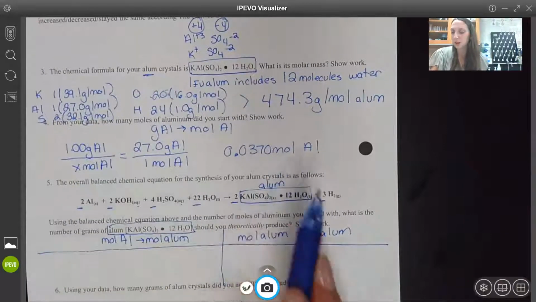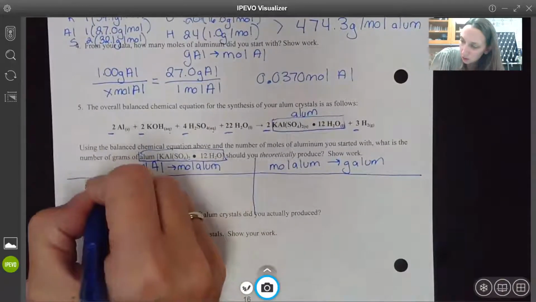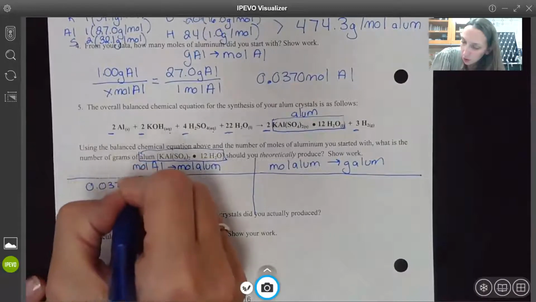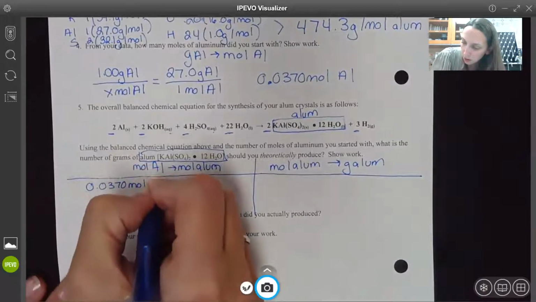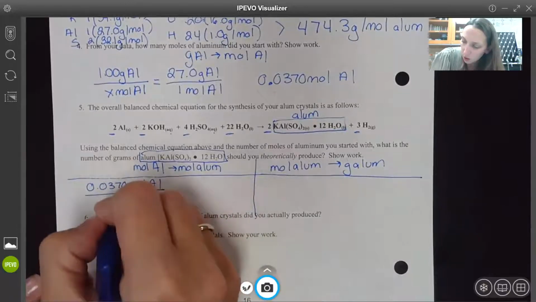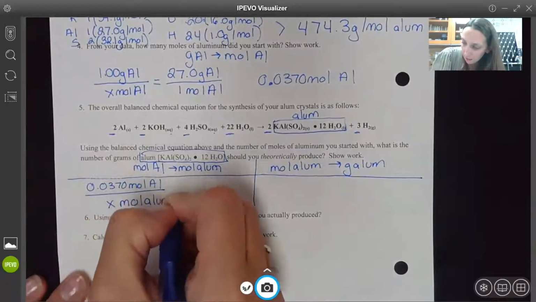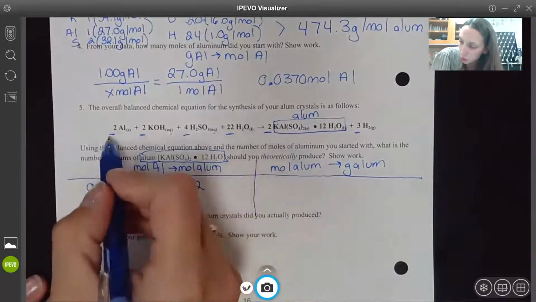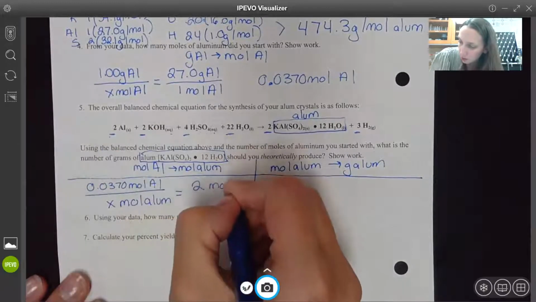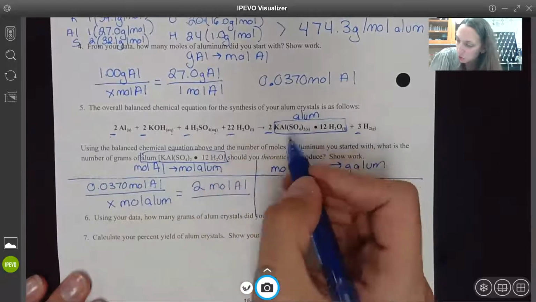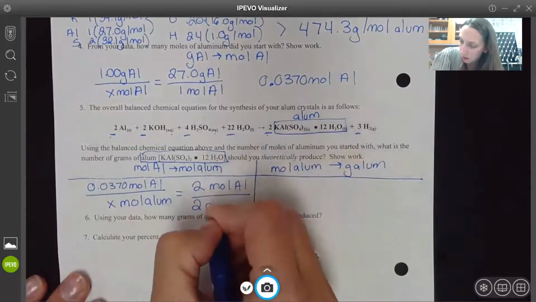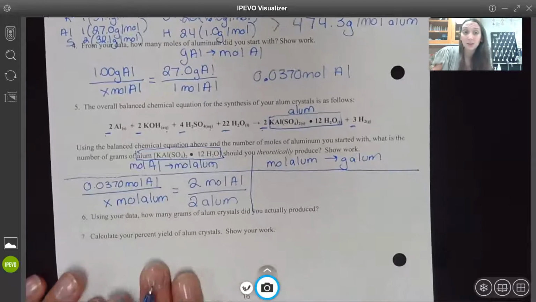So I'm going to pull this because now I know my moles of aluminum, 0.0370 moles of aluminum. And I want to go to moles of my new substance, which is alum. And for every 2 moles of aluminum, here's my mole to mole ratio, I produce 2 moles of alum. You need this step.